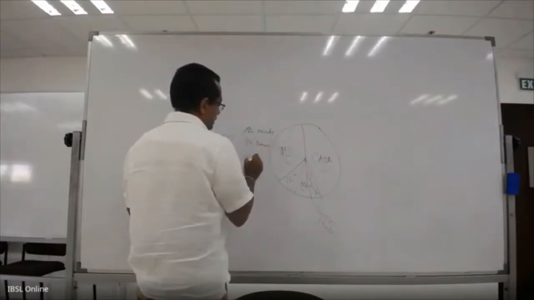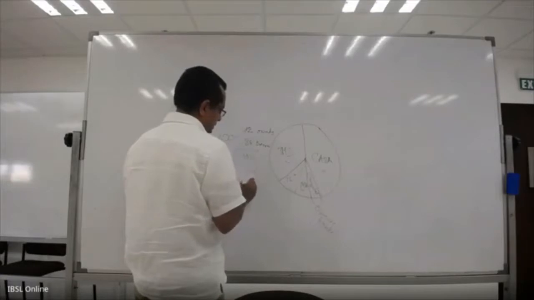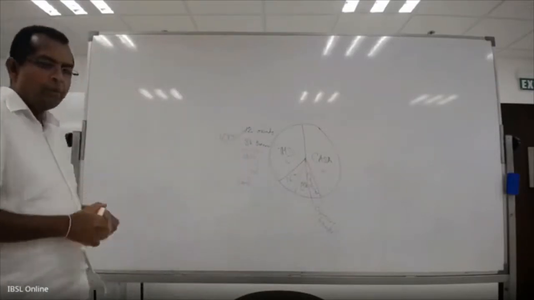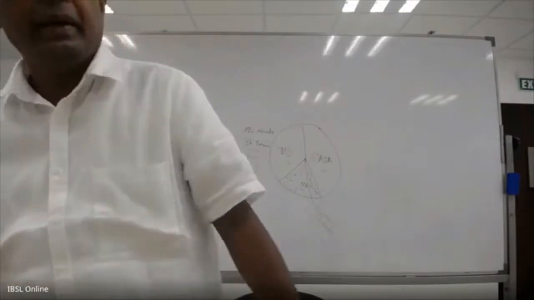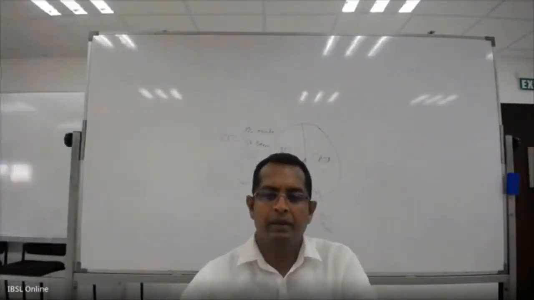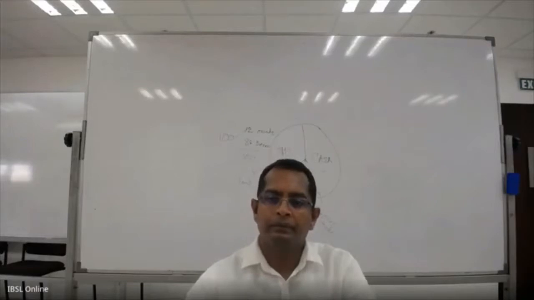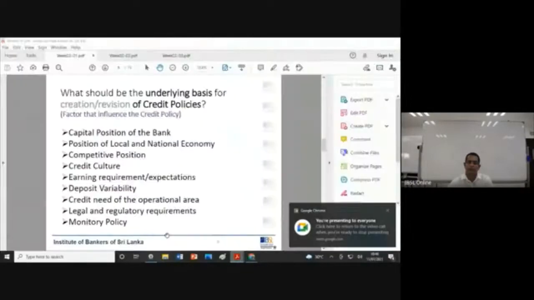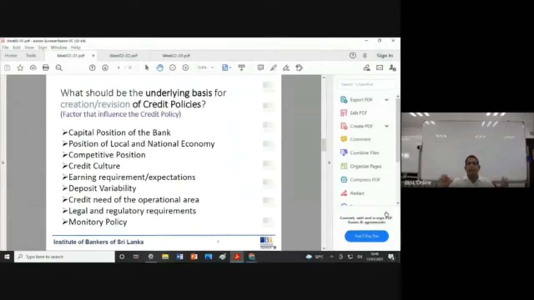And 100 left. Right? So credit policy depends on the capital availability.